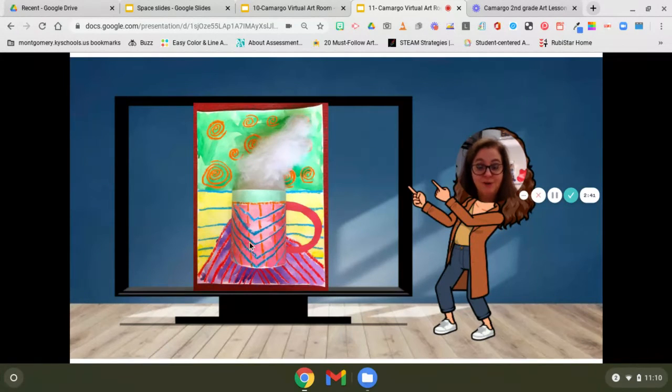What you're going to need for this project is a piece of paper for the background. You're also going to need another smaller piece for the mug, and by small I mean probably a hand width or more wide, and then longer than your hand this way.